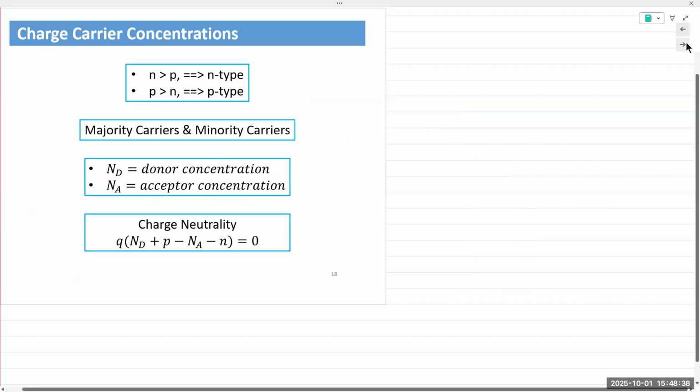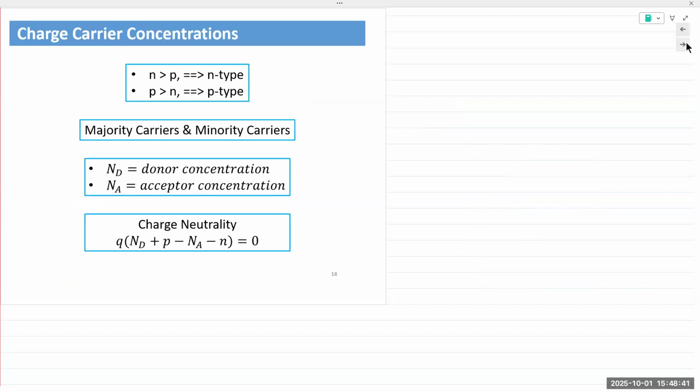Okay. So charge carrier concentrations in an n-type material. In an n-type material, the number of electrons will be far greater than the number of holes. So if n is greater than p, that is an n-type material. In a p-type material, the number of holes will be far greater than the number of electrons.